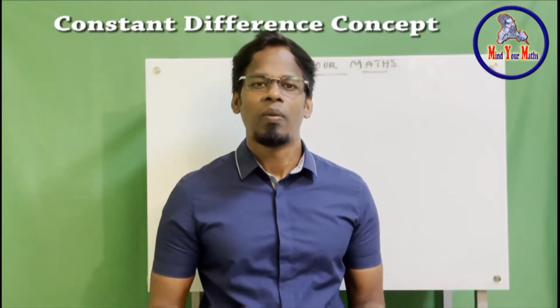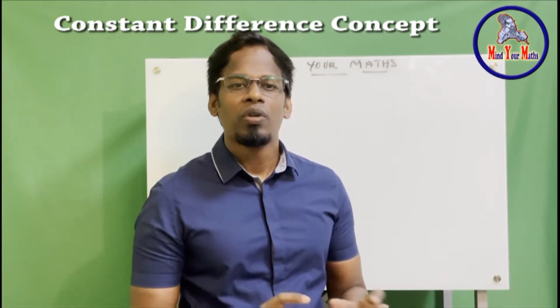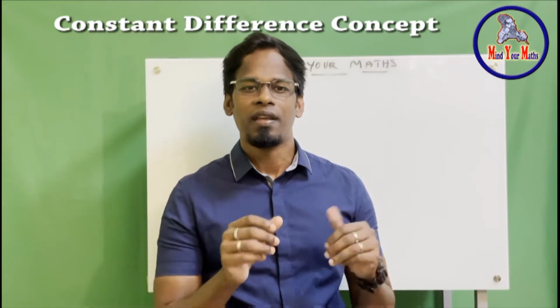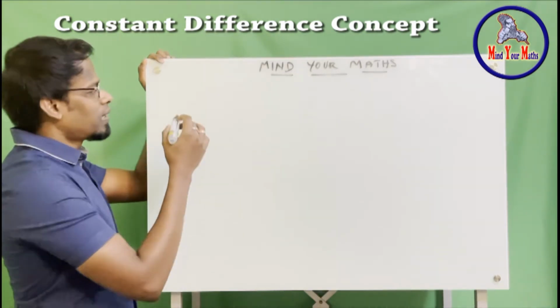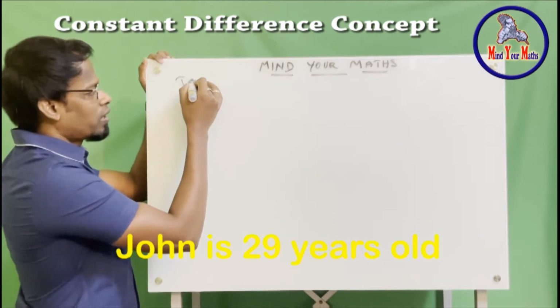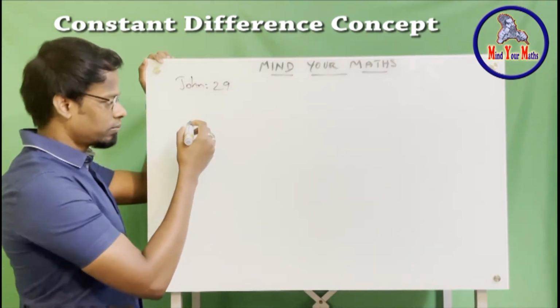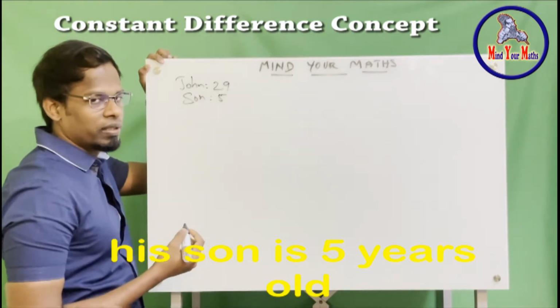So now this is the problem. Let's see how to solve this problem and how to apply this constant difference method or strategy in this problem. As per the problem, John is 29 years old and his son is 5 years old.